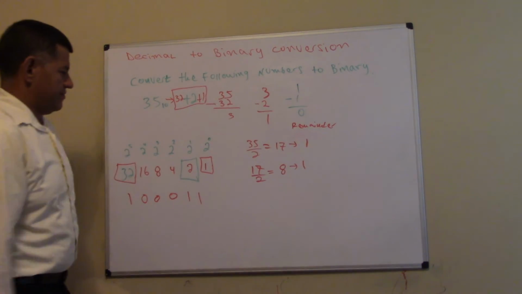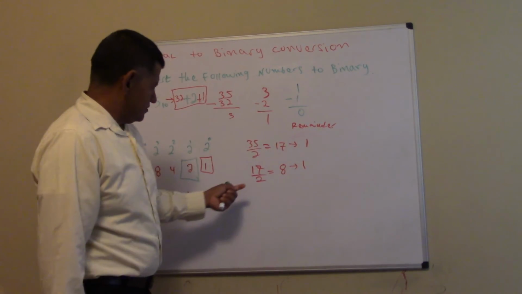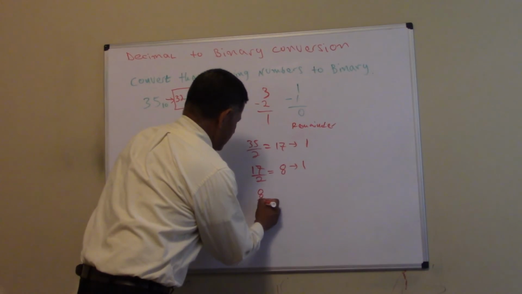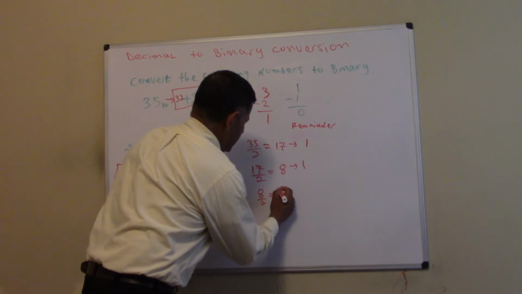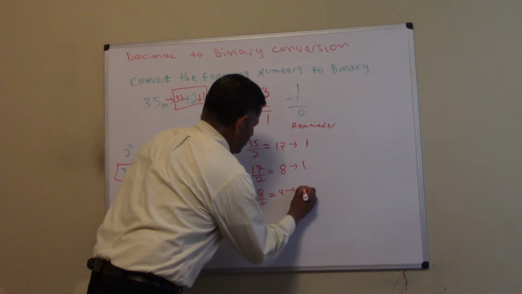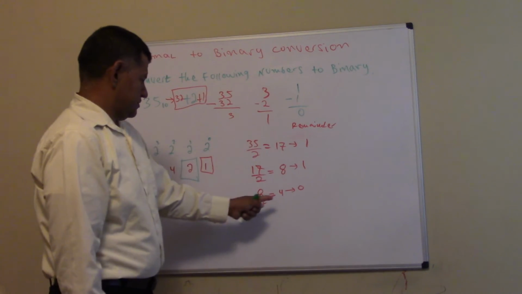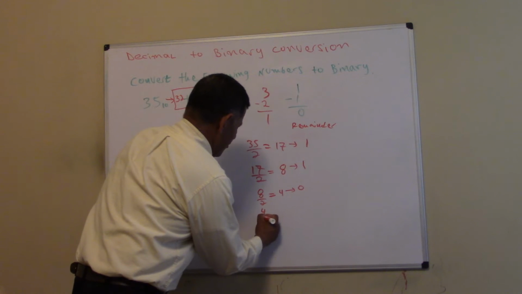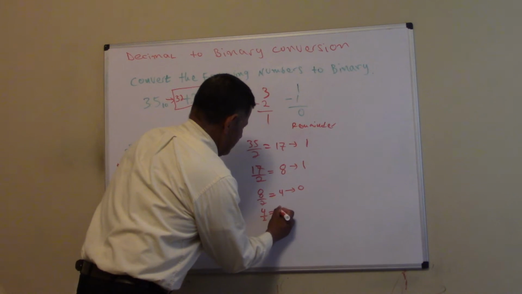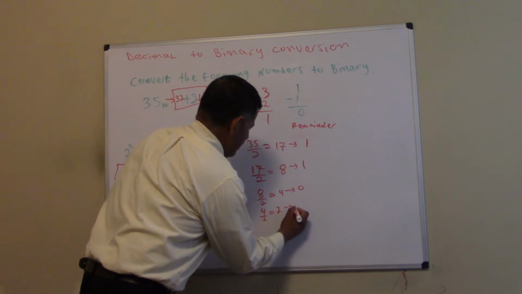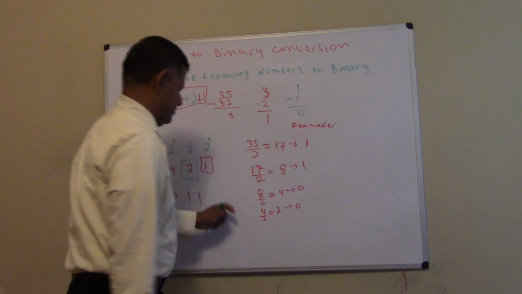So I got another 1. Then 8 divided by 2 is equal to 4, remainder 0. And then 4 divided by 2 is equal to 2, remainder 0.